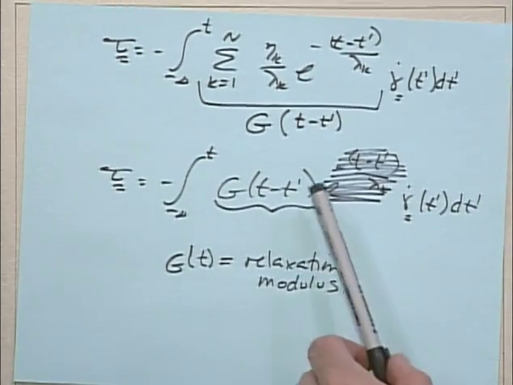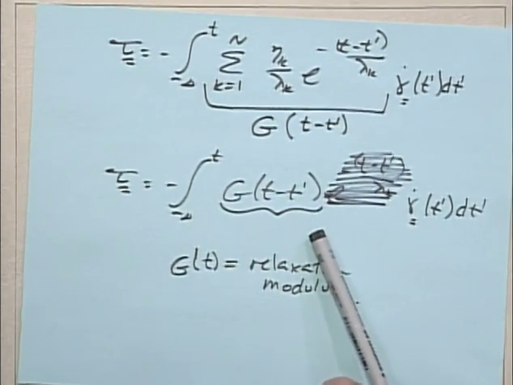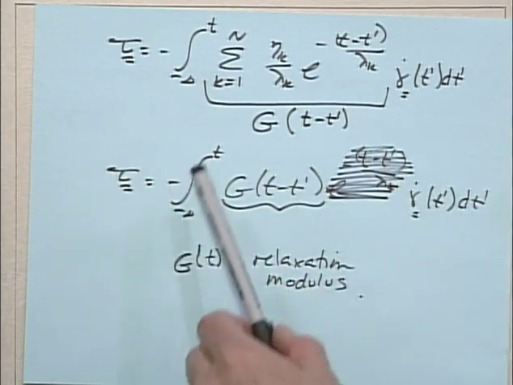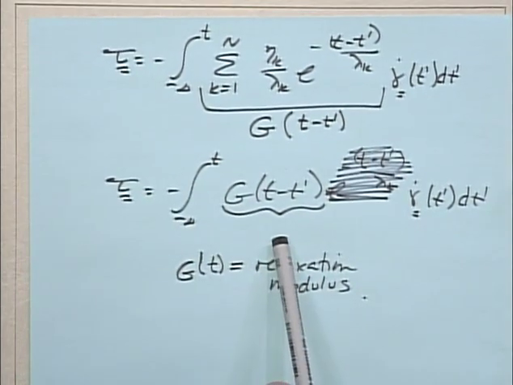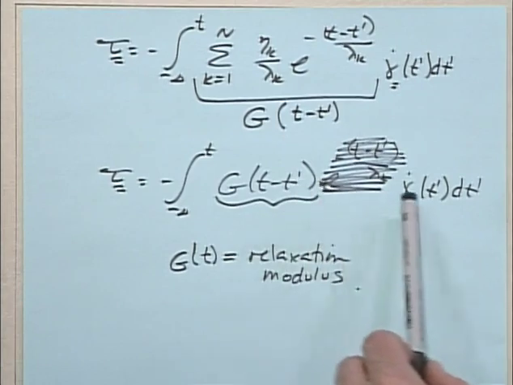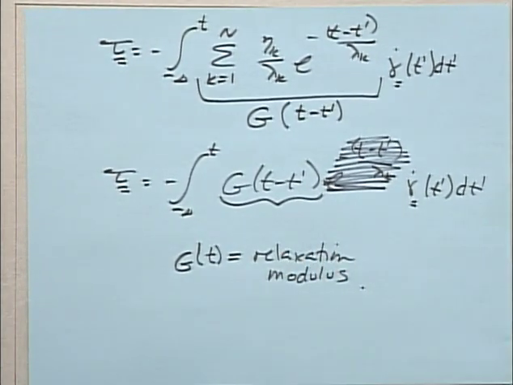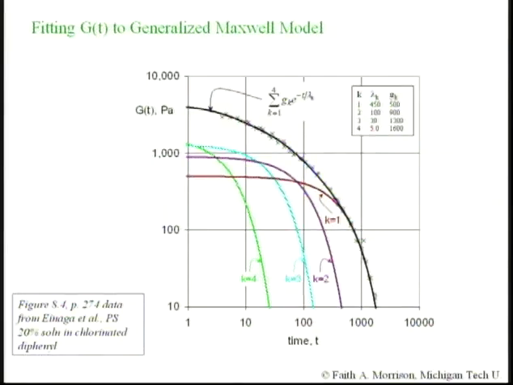Whatever you put in for the math here is going to predict the relaxation modulus, whatever's in the front. So the structure of this model as the integral of a function of t minus t prime times the rate of deformation at t prime will always give, when you put in the step strain kinematics, whatever function you put out front.